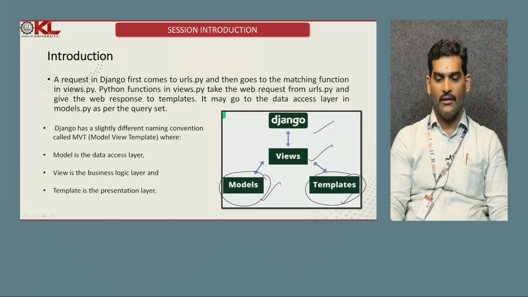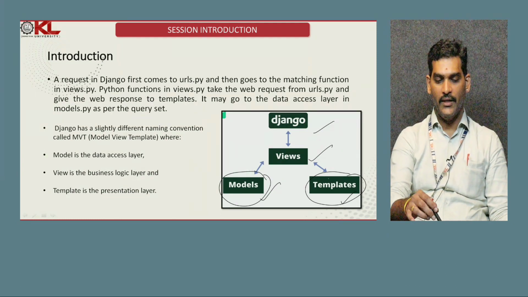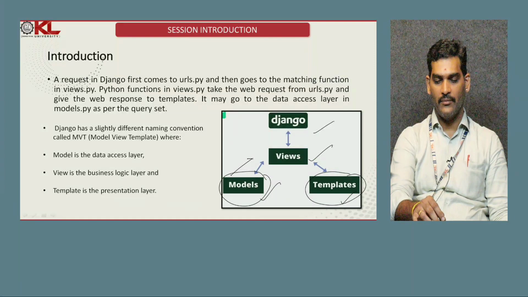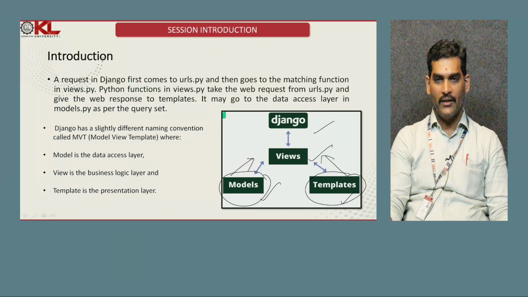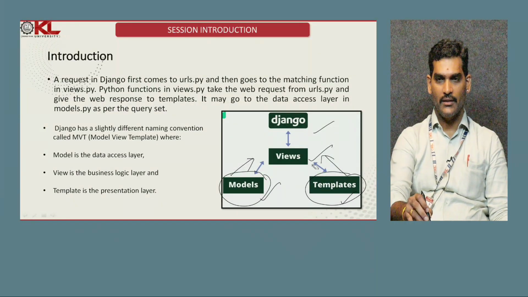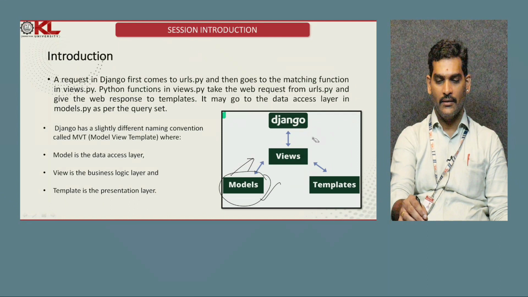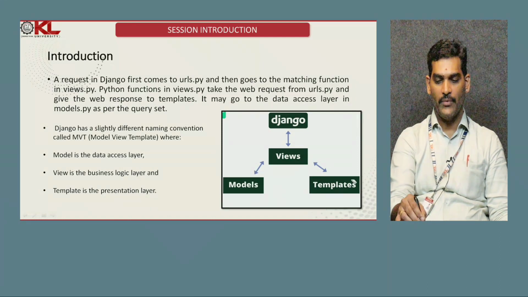Views will extract information from the database if required, and if any templates are required, those will be taken by the views, so that the execution is completed under Django.